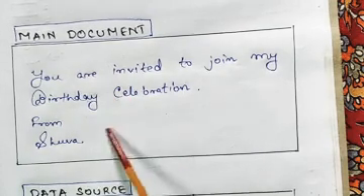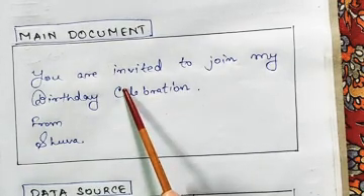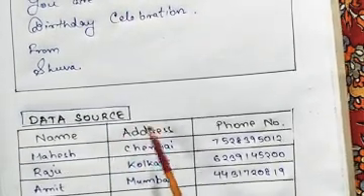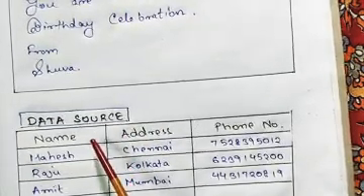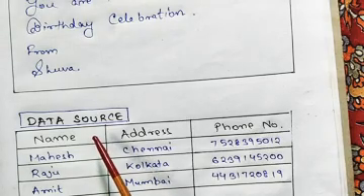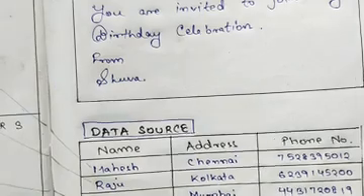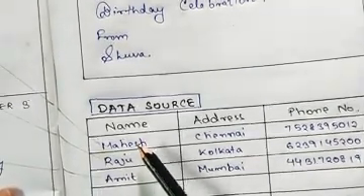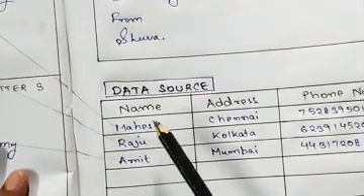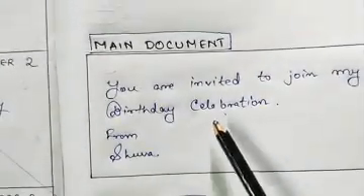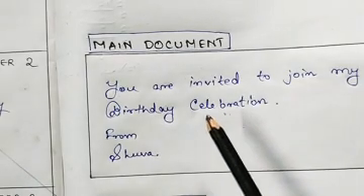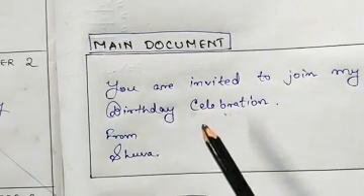The main content will be the same in each of the three letters, but only the names, addresses and phone numbers will be different. So it makes our task much faster and easier. That means if we want to send our main document to these three friends, mail merge will copy this main document 3 times automatically.